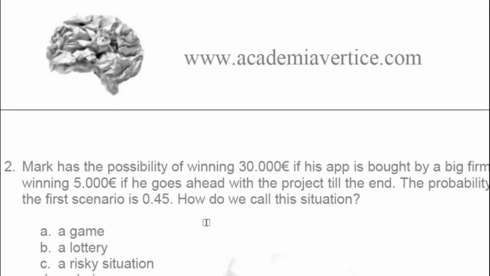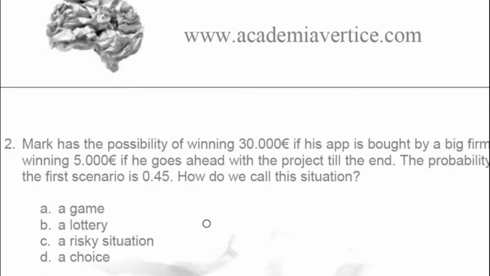Perfect. Now, question number 2. Mark has the possibility of winning 30,000 euros if his app is bought by a big firm, or winning 5,000 euros if he goes ahead with the project till the end. The probability of the first scenario is 0.45. How do we call this situation?